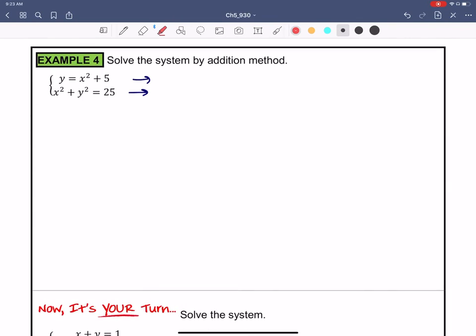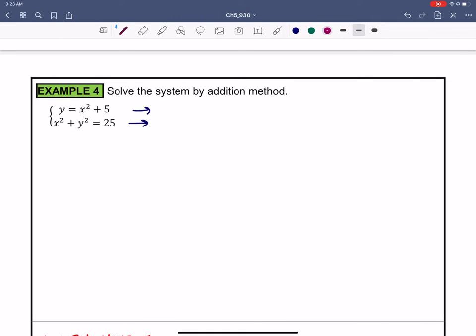All right, so how do we solve this problem? Again, what we have here is a quadratic equation, a parabola, and then we have a circle, right? So if you look at it geometrically, you have a parabola and you have a circle.